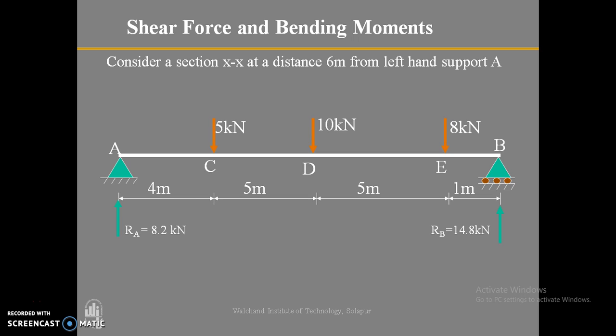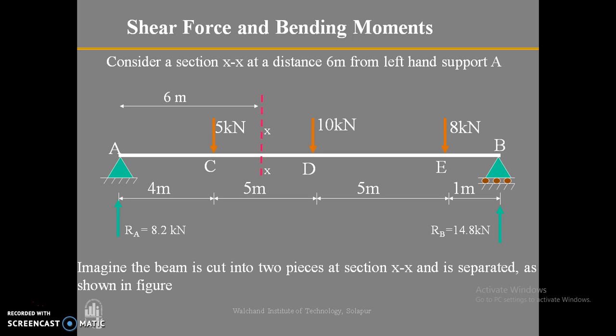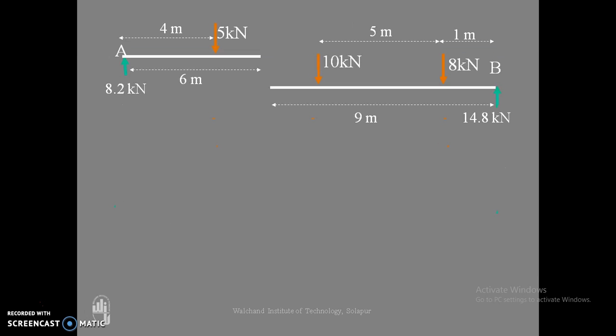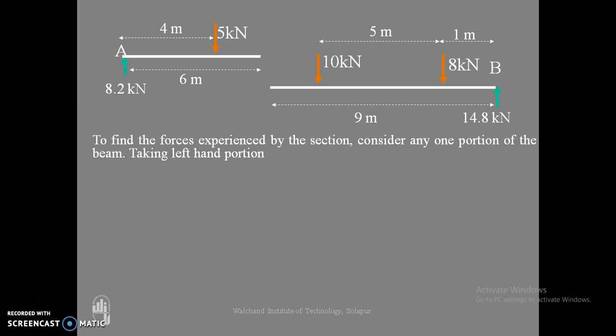After this, let us consider a section XX at a distance of 6 meter from the left hand support A as shown here. Now imagine the beam is cut into two pieces at section XX. Due to this, the beam is separated into two parts as shown here, left hand side and right hand side, and there are a few forces present on each side.